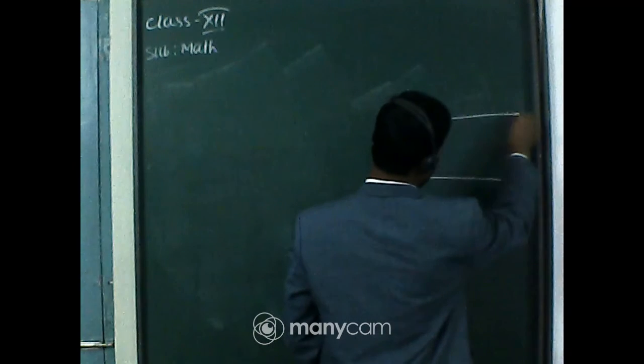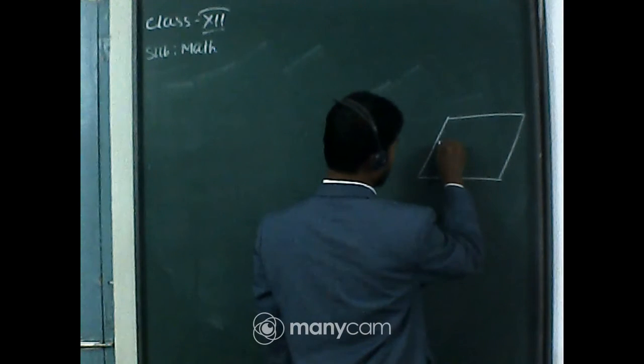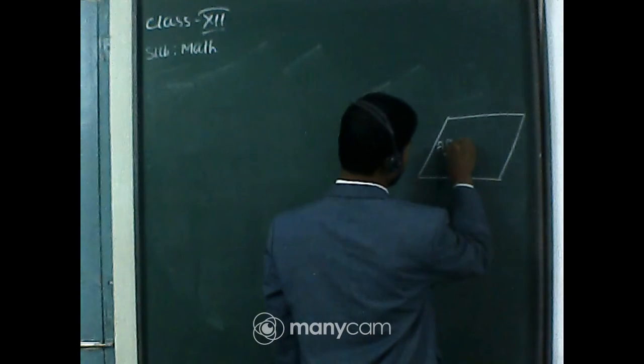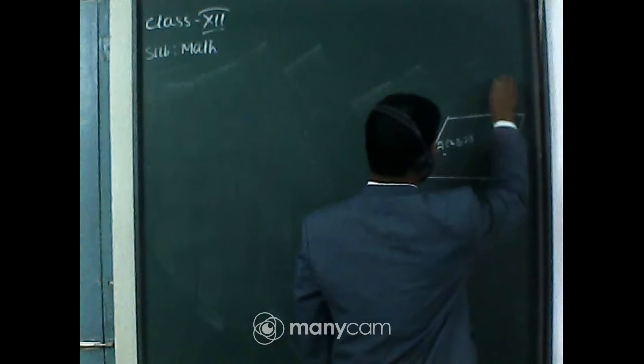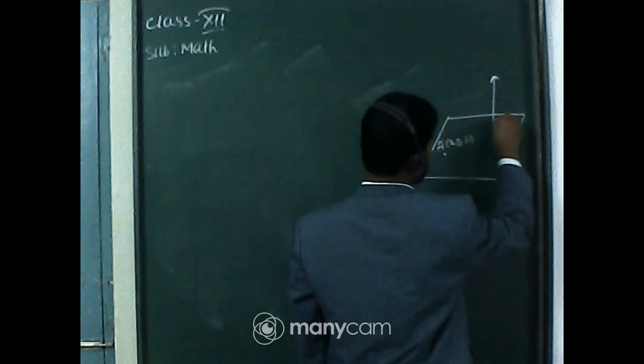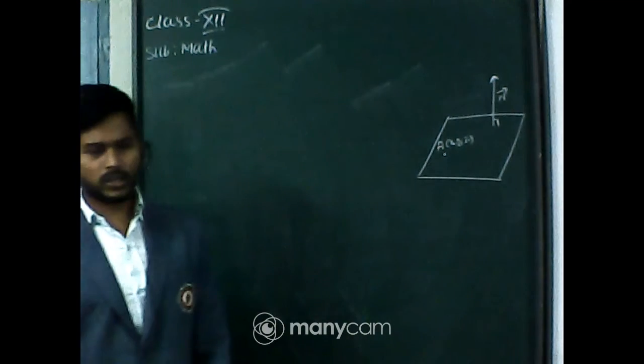This is a plane passing through a fixed point A whose coordinates are x1, y1, z1, and a vector perpendicular to the plane is the n vector. We have to find the equation of the plane.